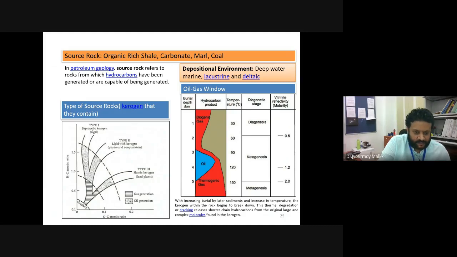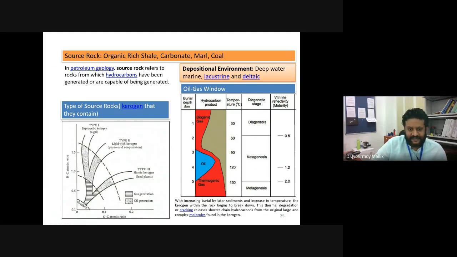Okay? So more hydrogen to carbon ratio means better oil development in the system. Okay. Similarly, you can see here the sapropelic kerogen has the maximum potential to generate oil, and the type 3 source rock, which is rich in humic kerogen, has the least potential to generate oil. Okay? And type 2, which is the lipid rich kerogen, is somewhere in between. Okay?